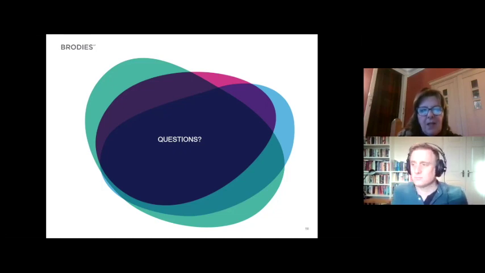I suspect HMRC would let you register voluntarily, but I'm not convinced it would have the cash flow effect that you think it might, because you still have to pay the VAT to HMRC. So it may delay it, but it wouldn't make it go away altogether.